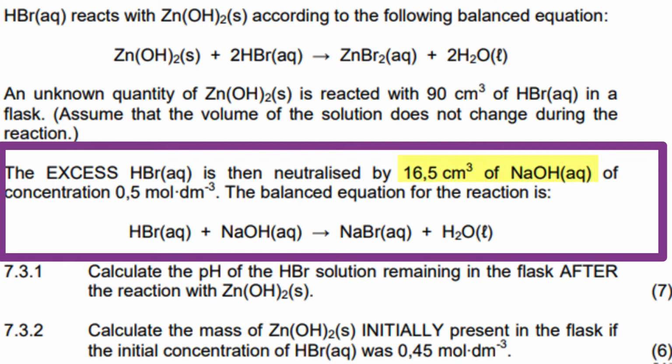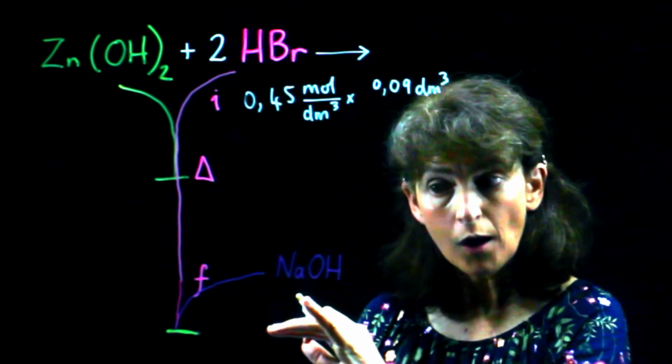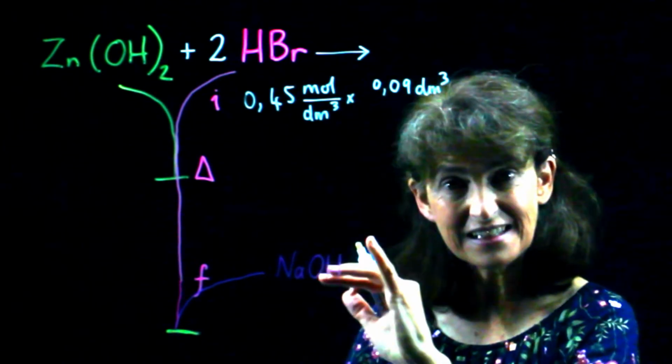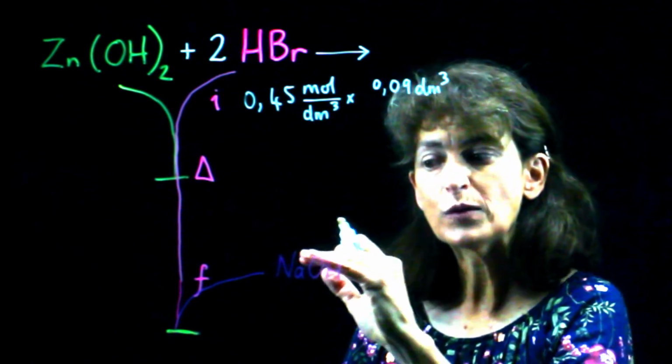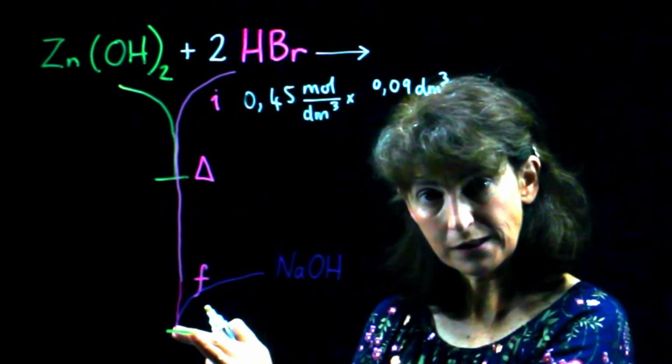But we do know how much sodium hydroxide and the concentration of the sodium hydroxide that was needed for the titration. Whenever we do a titration, we will know the concentration and volume of the standard solution that we titrate against the solution of interest.